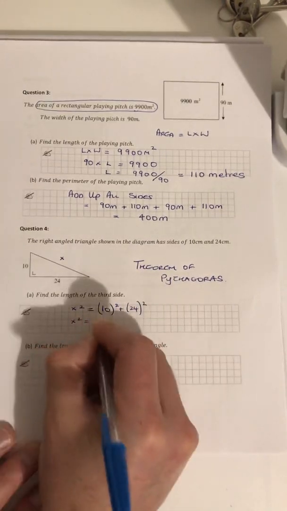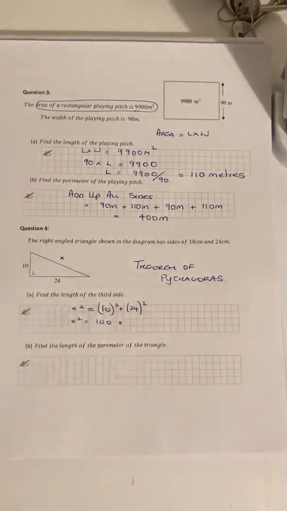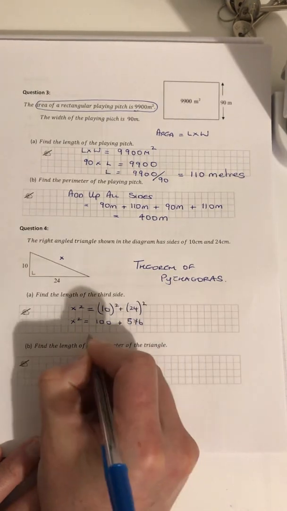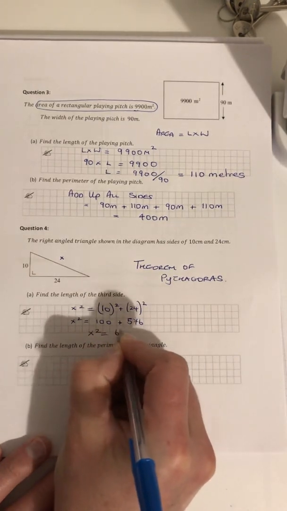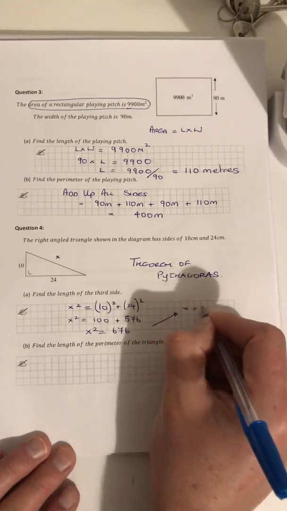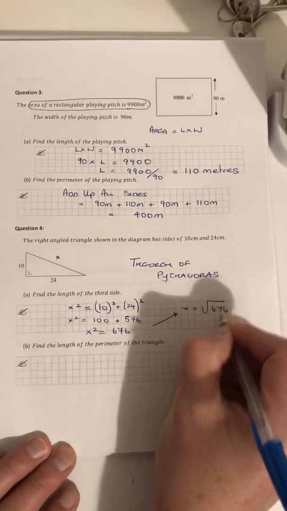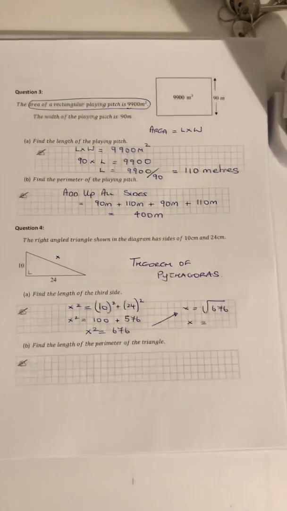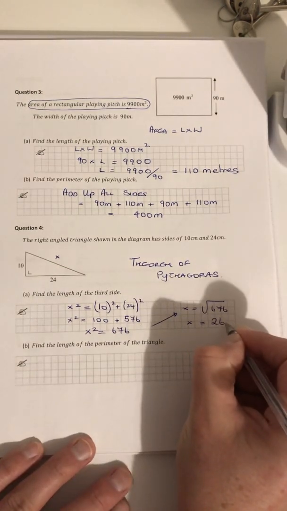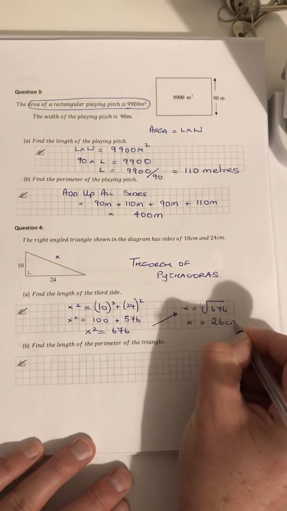So x squared is 100 plus 576, giving x squared equal to 676. So x is equal to the square root of 676, x is equal to 26 centimeters.